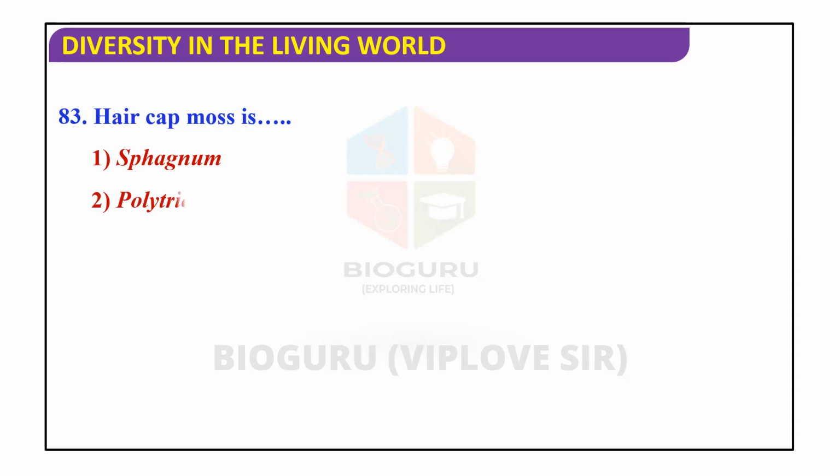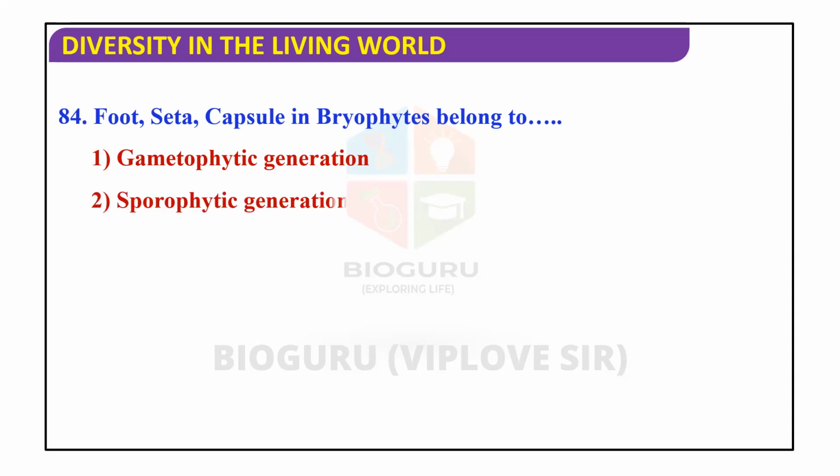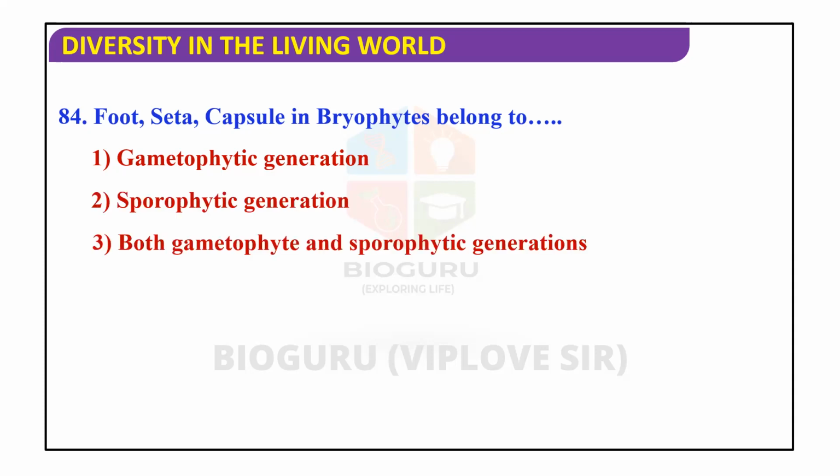Sphagnum, Polytrichum, Funaria, Anthoceros. Yes, it is Polytrichum. That's good. Foot, seta, and capsule in bryophytes belong to gametophytic generation, sporophytic generation, both, or the dominant phase of the life cycle. It is the sporophytic generation.